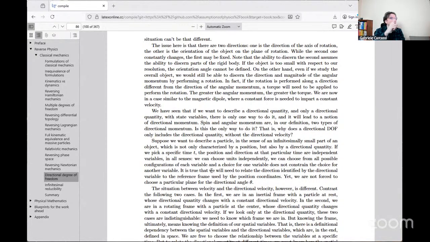I can only measure the direction, and I can apply a force to that direction of the angular momentum, and then I would have a constant torque. And so even in the mechanical case, when you look at your mechanical system as a whole without knowing what the parts are, the angular momentum will act as a single directional quantity that remains where it is if there is no force applied, and has a precession if there is a constant force.